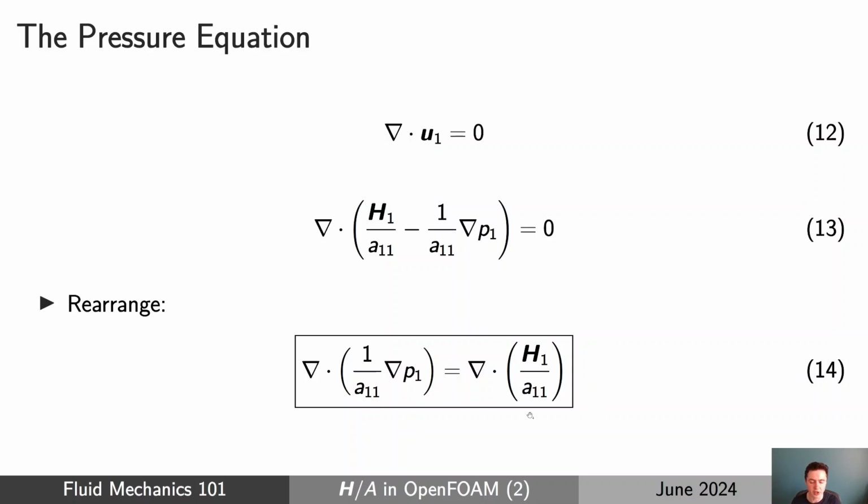And for this reason, sometimes people refer to the pressure equation as a Poisson equation. It has the same mathematical form as a characteristic Poisson equation. You've got a Laplacian on the left-hand side, and you've just got a source term on the right-hand side. And in general, this is only true for incompressible flows. For compressible flows, you may have additional terms in your pressure equation as well. But for now, that's the pressure equation in differential form.